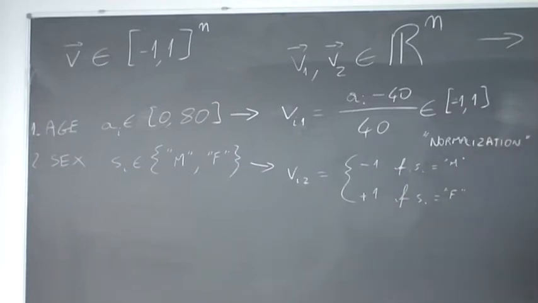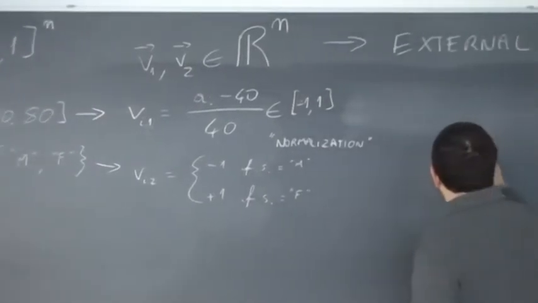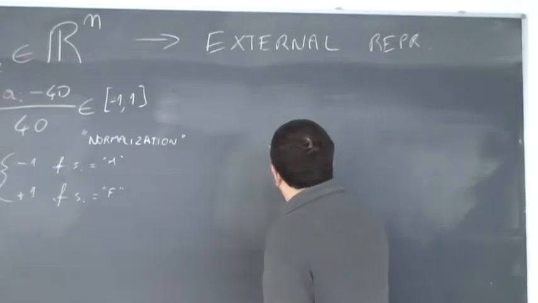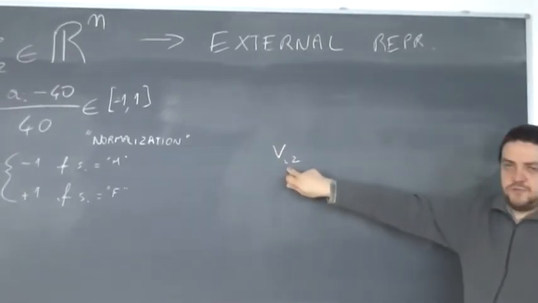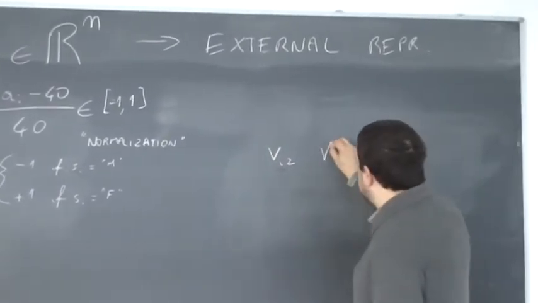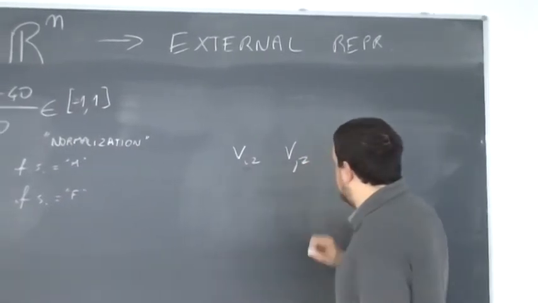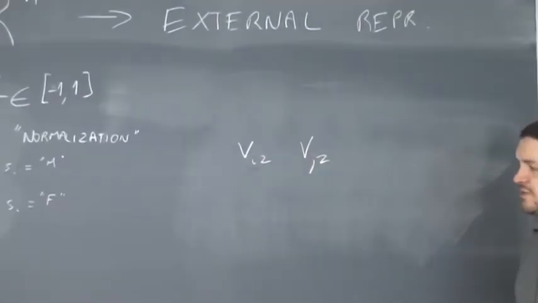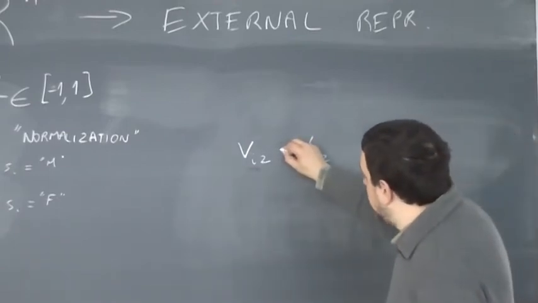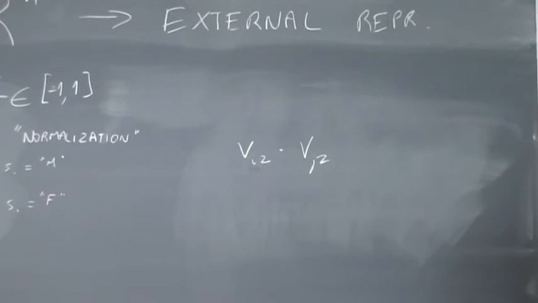In this case, we have another possible measure of similarity. If you take the sex of person I and the sex of person J, a measure of their similarity can be given by multiplying the two numbers.